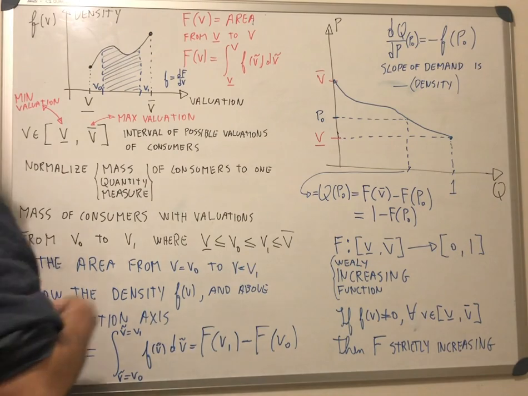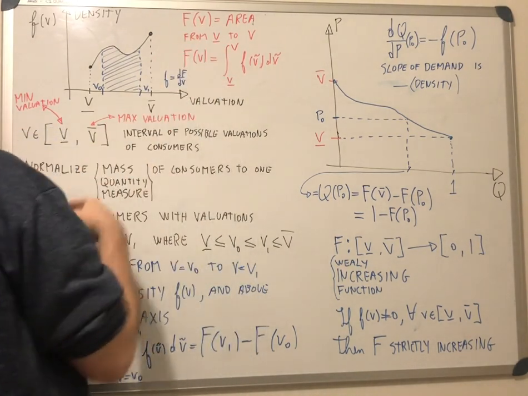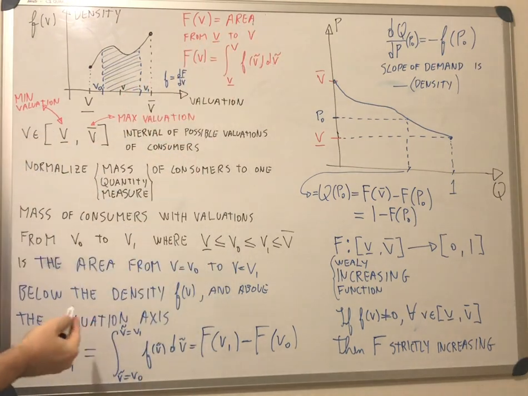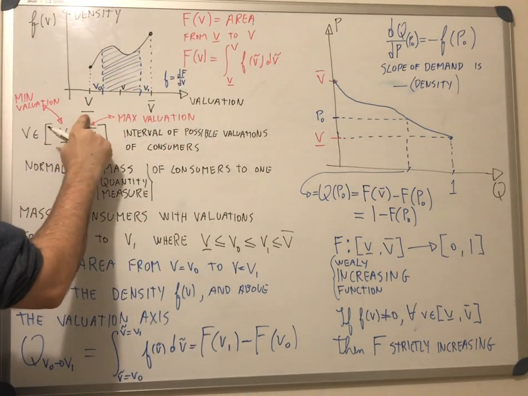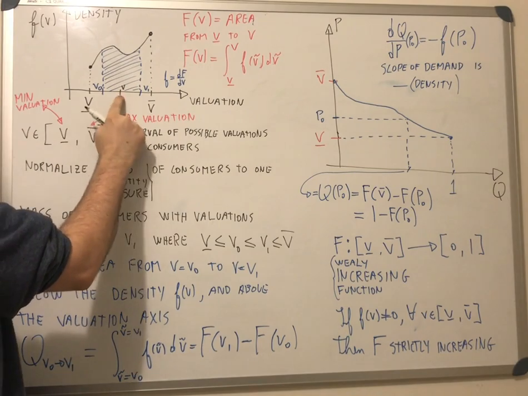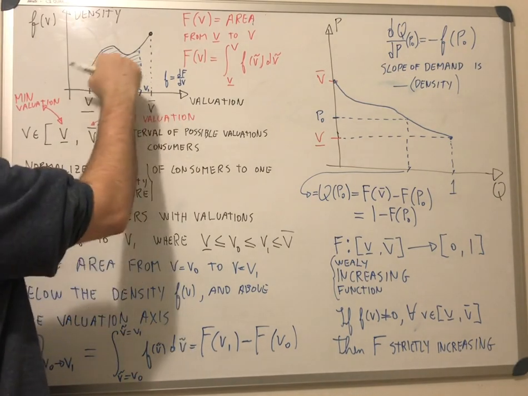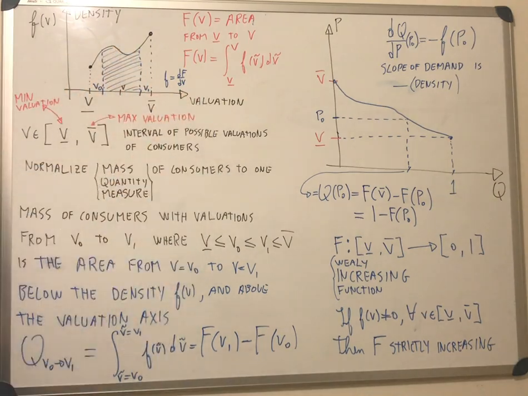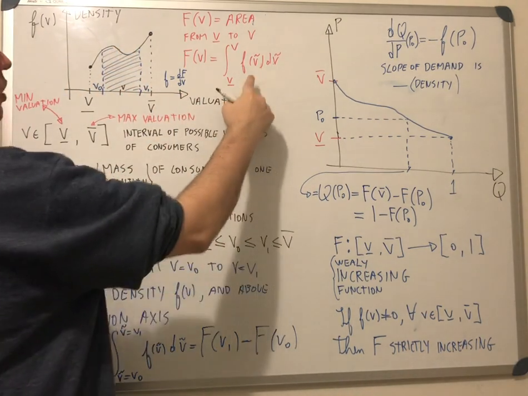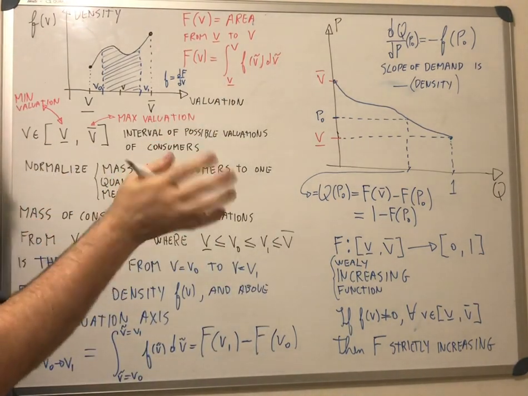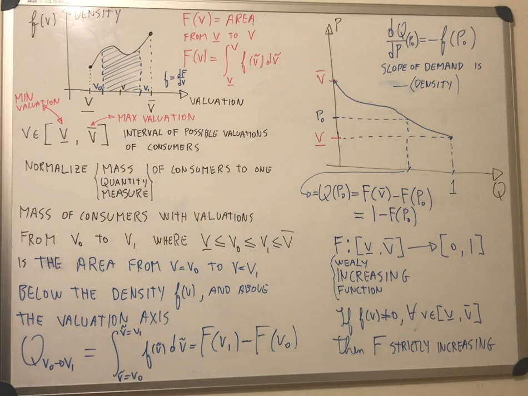F of any given value V in the middle is just the area from V lower bar to this point, below the curve and above this axis. For those of you who know calculus, that's the formula of the area. If you don't understand calculus, don't worry. So we normalize the mass of consumers to 1.